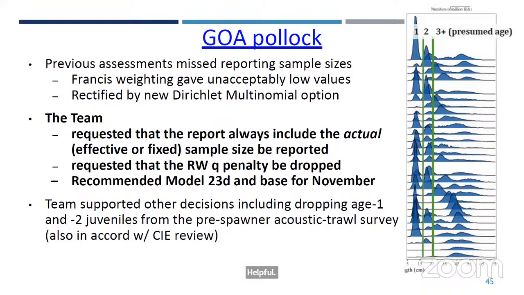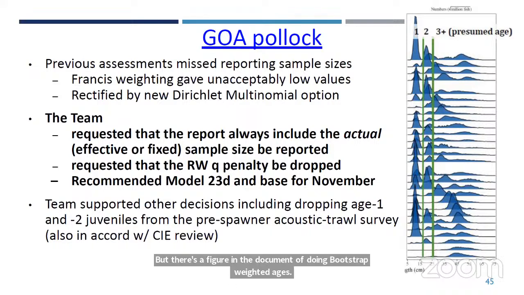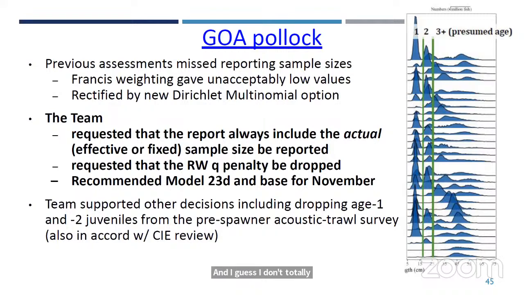Okay, a question from Dana too. Yeah, thanks. Jim, I'm not sure if you remember this, but there's a figure in the document of doing bootstrap weighted ages. I don't totally understand if that's used, but there's a lot of wonky black lines. I was just wondering if either you or Cole could comment on that.